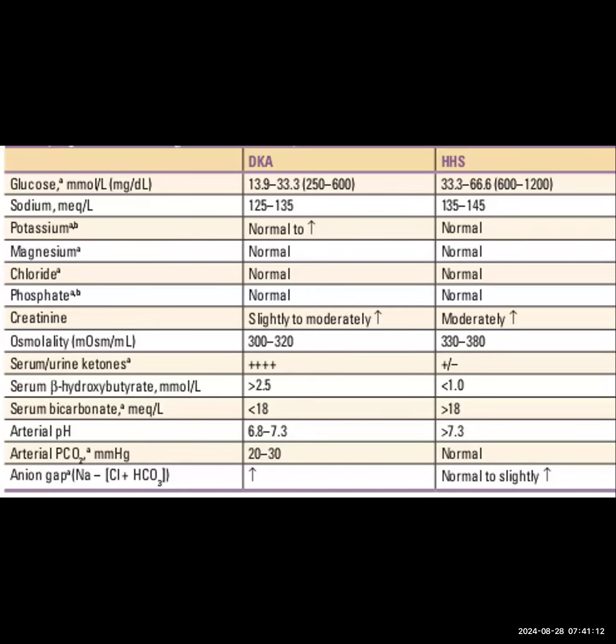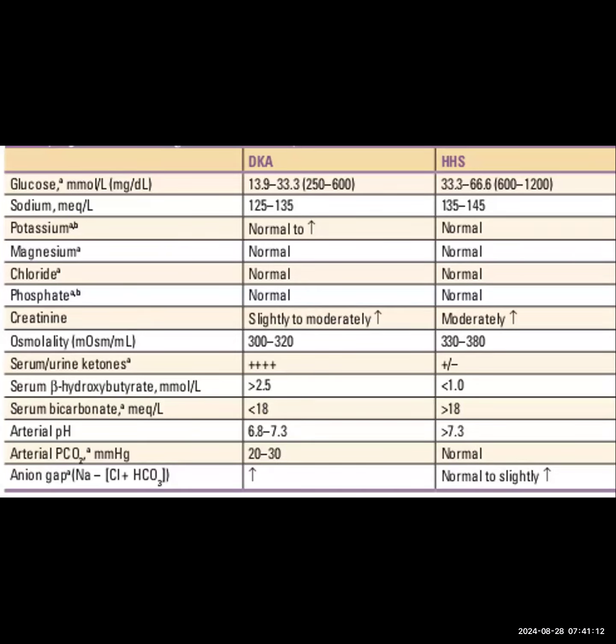Serum ketones and urine ketones are usually elevated in DKA up to 4 pluses, while in HHS they are either absent or just trace or 1 plus. Serum beta-hydroxybutyrate is greater than 2.5 in DKA, but less than 1.0 in HHS. The serum bicarbonate is less than 18. In most literature, they will tell you it's less than 15 in DKA, and greater than 15 in HHS.